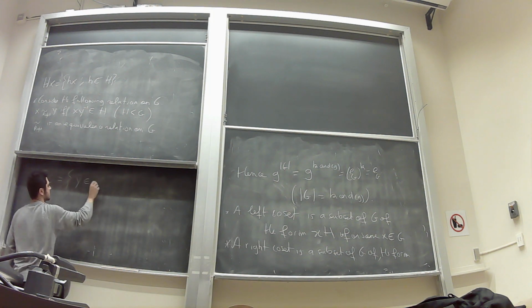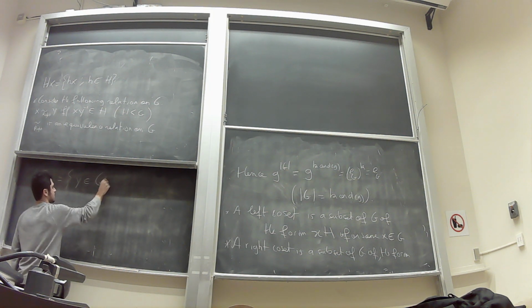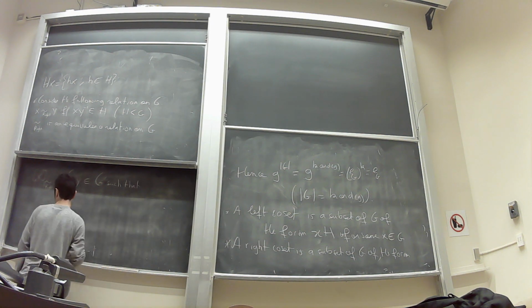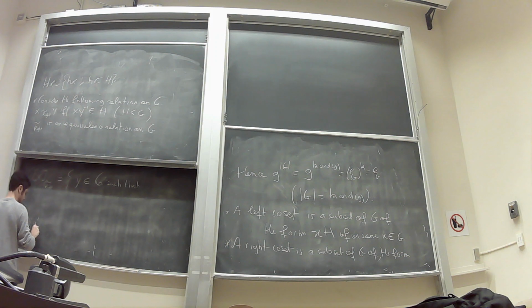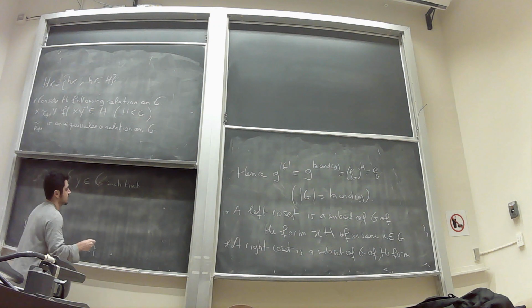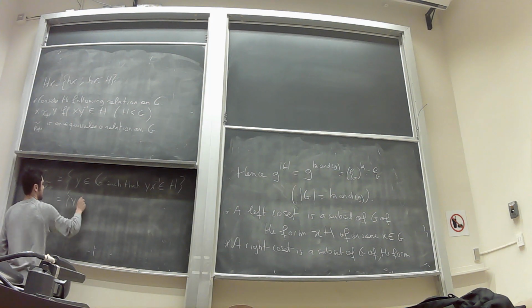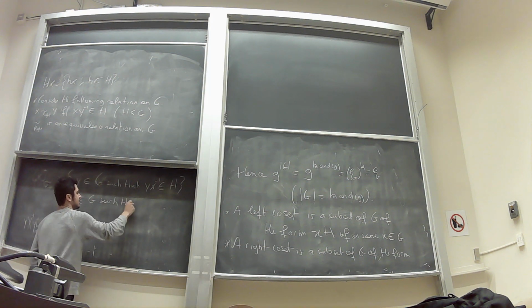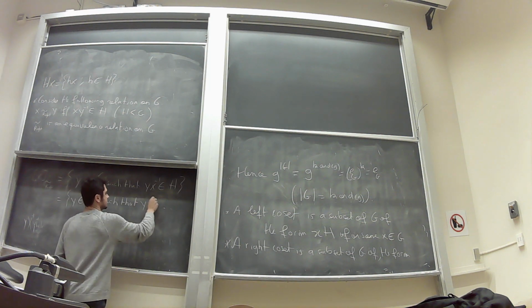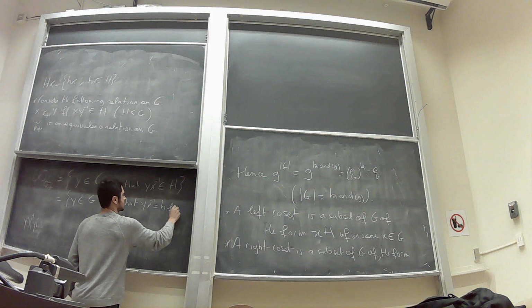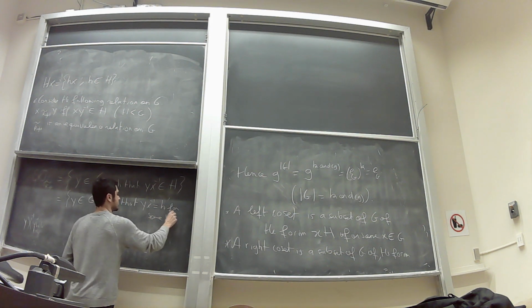It's the set of y in G such that y x inverse is in H. So it's the set of y in G such that y x inverse is equal to h prime for some h prime in H.